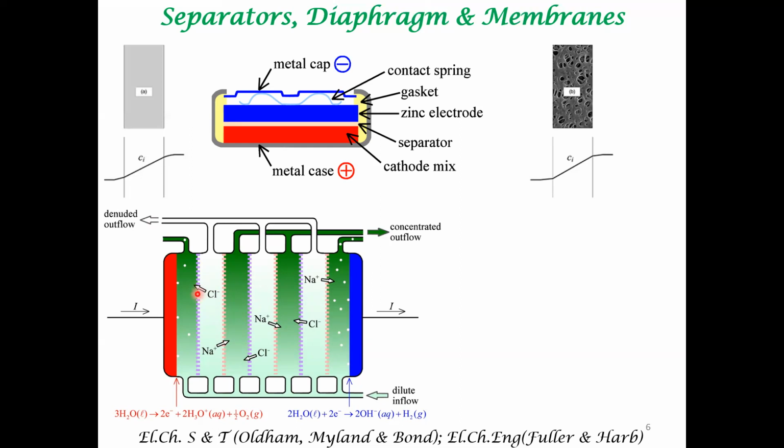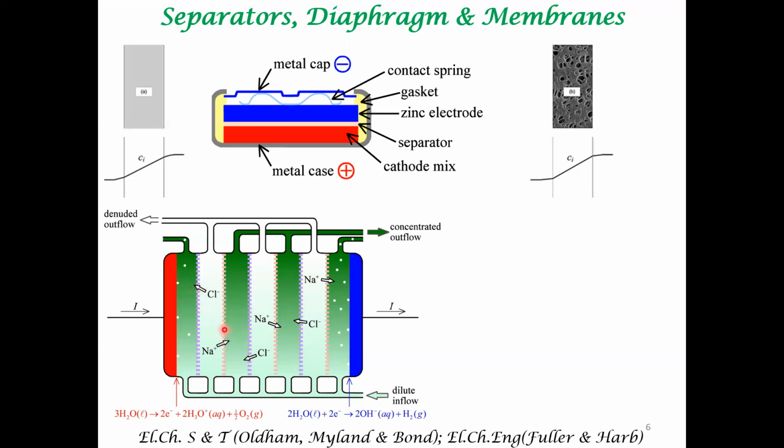Okay, so these membranes are physicochemical components that can transport ions selectively. These are anion and cation exchange membranes. So, for example, this membrane would allow only anions to get transported, specifically Cl minus ion, to get transported.